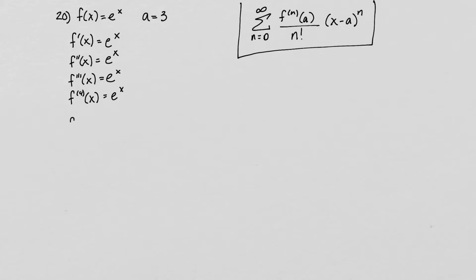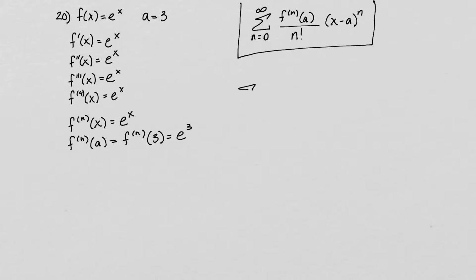If I want to write down what the nth derivative of e to the x is, it's just going to be e to the x. And then we want the nth derivative evaluated at a, which in our case is 3. So it's going to be e cubed.